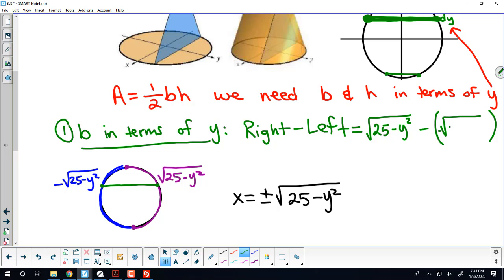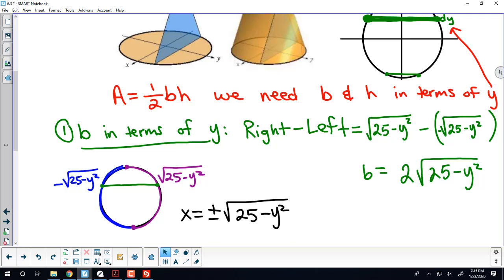Sorry, that's a negative as well, so minus the minus root gives us 2 of those. So that's what b is equal to in this particular setting. Questions?